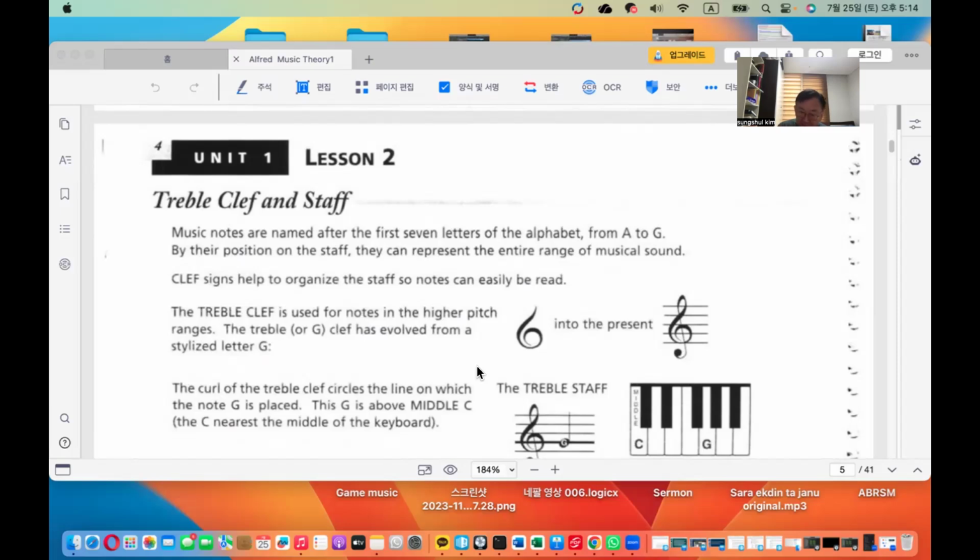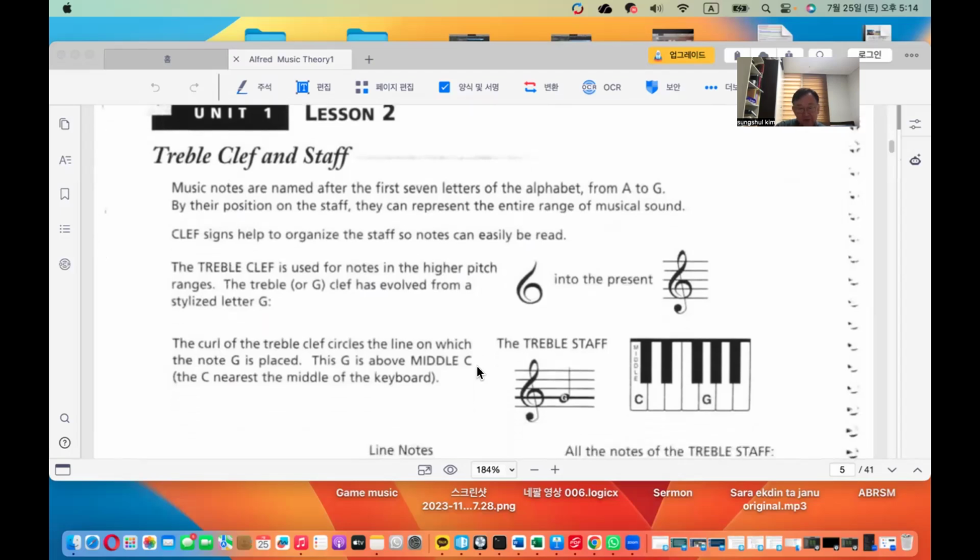If you look at the piano keyboard, there are so many keys. So you don't know how to play very well. If you learn about this music theory and piano workbook, you can play piano very well.